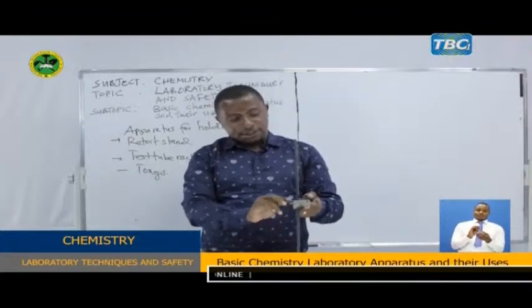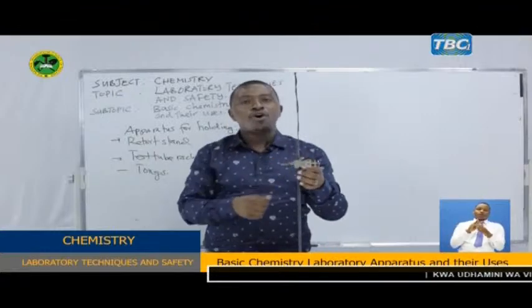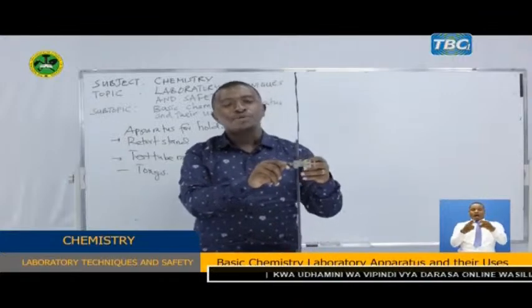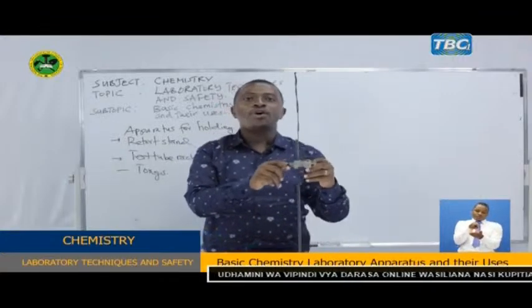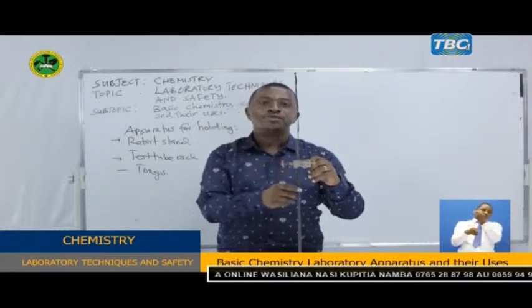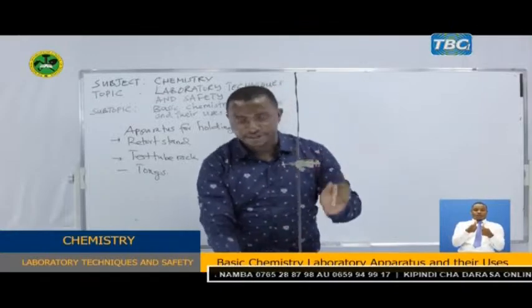This apparatus here is used for holding burettes or test tubes. It is used to support burettes or test tubes with a clamp which can be adjusted to various heights depending on what height you want.